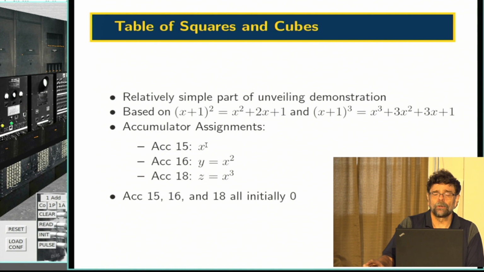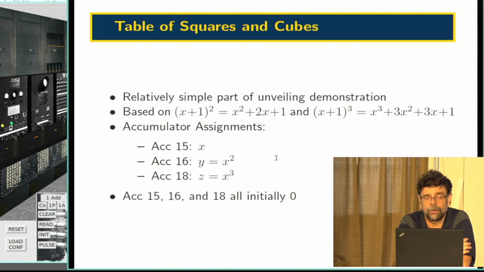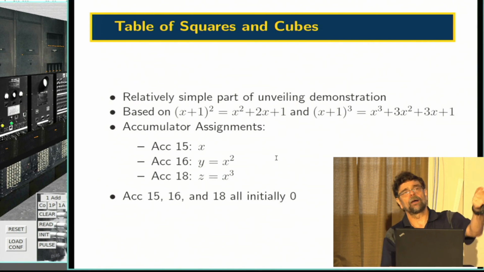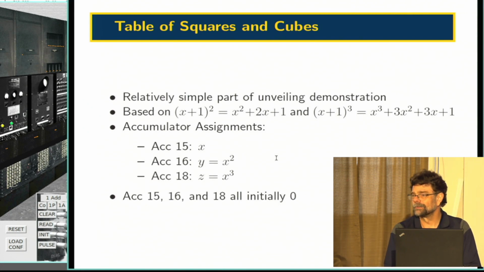So what we're going to do is store x in accumulator 15, x squared in accumulator 16, and x cubed in accumulator 18. And I'm going to call x squared y, x cubed z, so that as we're going through the algorithm talking about how we're modifying the values of things, it won't look funny to say, I'm going to modify x cubed by this amount.